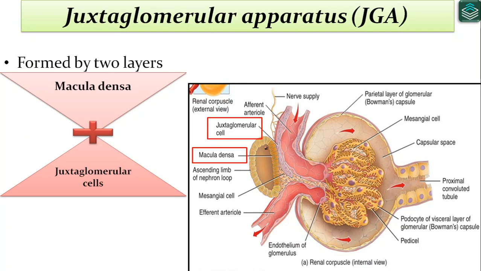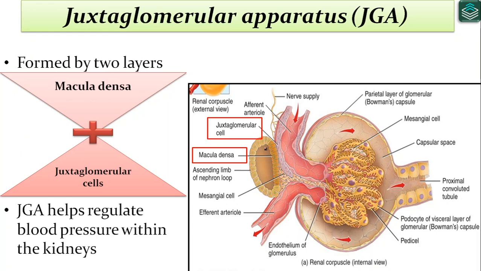The name densa is given because cells are crowded together in this region. The second type are the juxtaglomerular cells. They are modified smooth muscle cells of the efferent arteriole which are present alongside the macula densa. Together, these two are called the juxtaglomerular apparatus. This apparatus helps to regulate blood pressure within the kidneys.